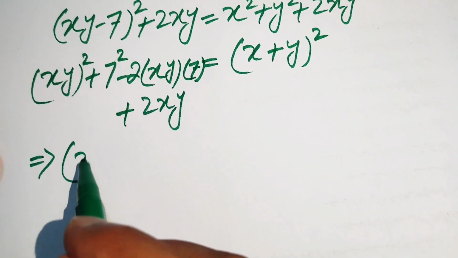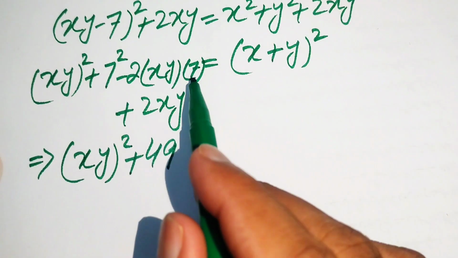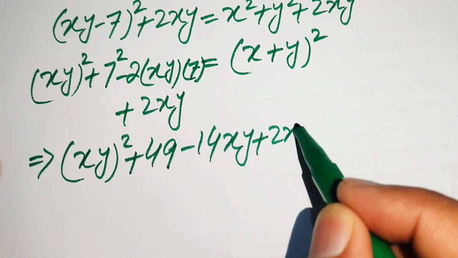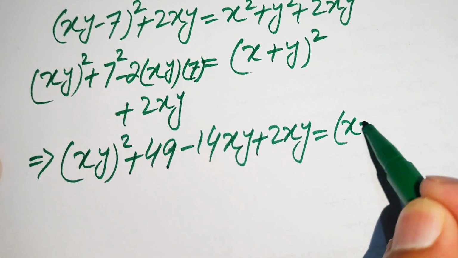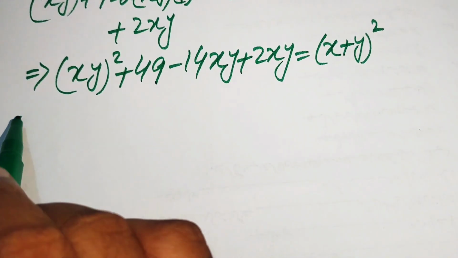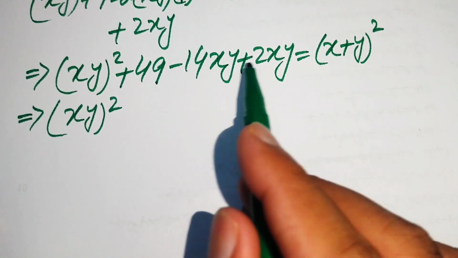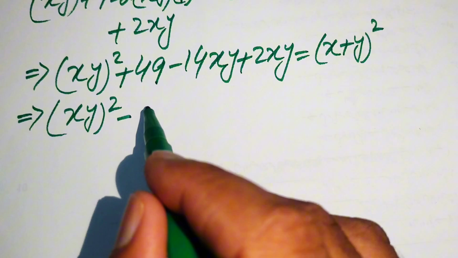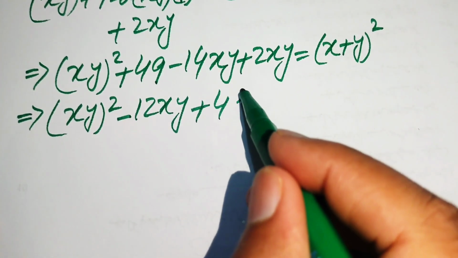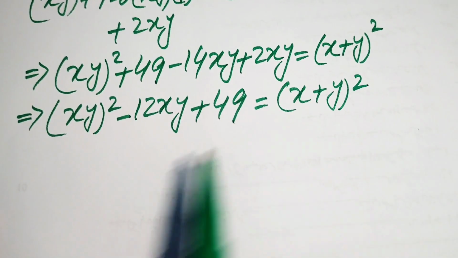We write it as (xy)² + 7² becomes 49, and the 7 twos are 14 times xy, and plus 2xy is equal to (x + y)². So here we need more simplification, and we write it as (xy)² minus 14xy plus 2xy is equal to minus 12 times xy, and this is our 49 is equal to (x + y)².